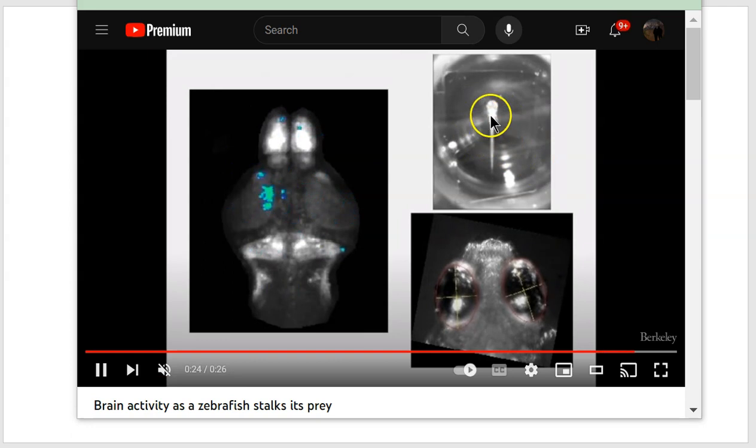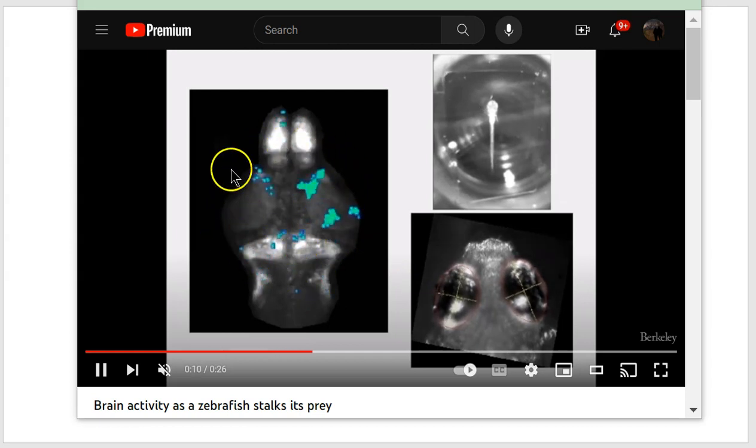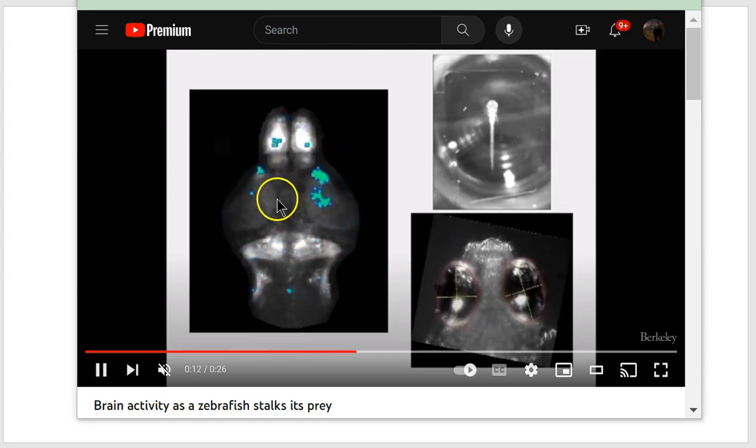In the top right, we have the anchored fish, and we have the paramecium swimming around. Down here, we see the fish's eyes are tracking its moving prey. And over on the left, we see the surface of the fish's brain, and the little blue-green flashes are activated neurons. So you're seeing in real time the pattern of brain activity as the fish is tracking its prey.